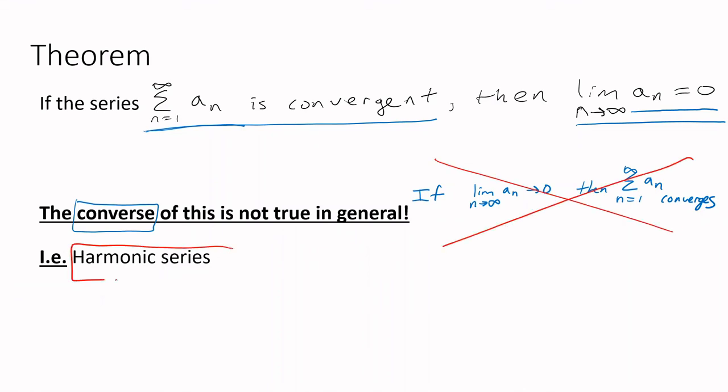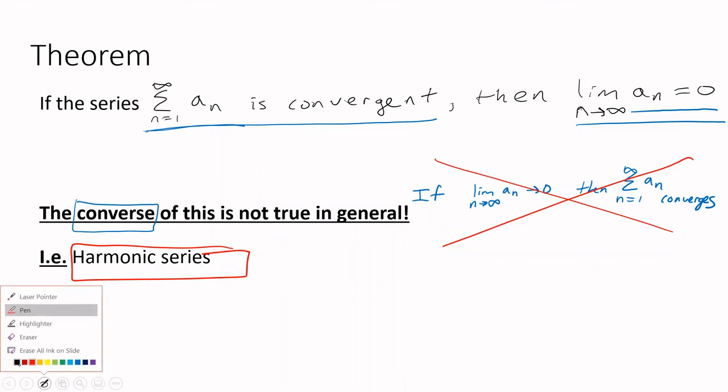We just saw the harmonic series where the terms got really small eventually, but it didn't matter because it wasn't fast enough and the entire series diverged. So just because the terms of the sequence are going to 0 does not mean it's going to converge. Now, it's useful if they are going to 0 in terms of what you should think about what's happening. You might say, oh, the terms go to 0, it might converge. And that's fine. You can try to use that and prove it converges. But that is not enough.